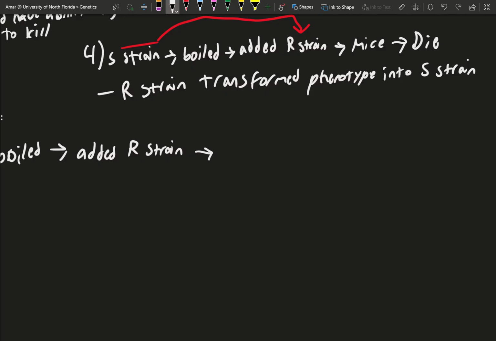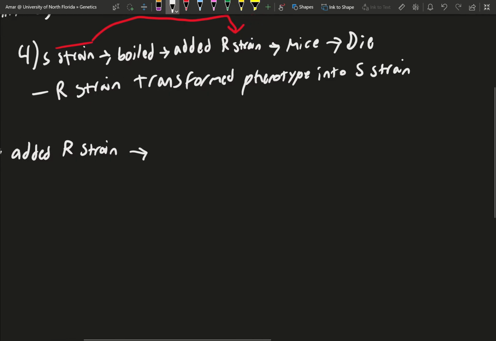They added enzymes that can break down these various macromolecules, and based on what enzymes you added, you can infer from which mice died and which ones ended up surviving.